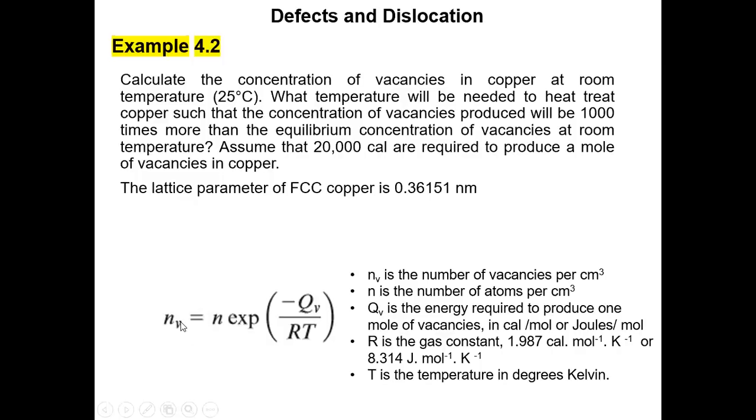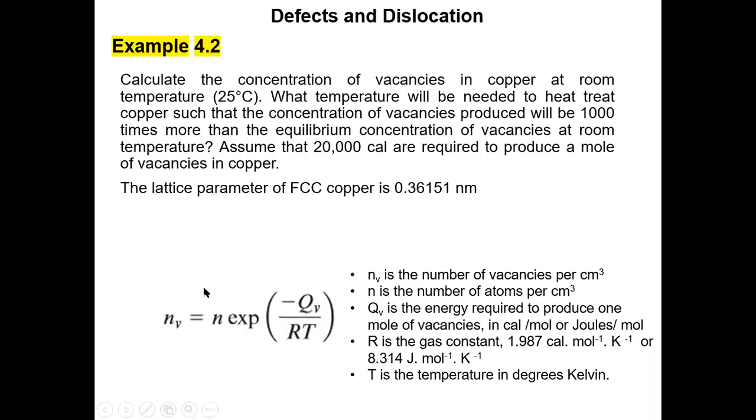NV means what? 1000 times the vacancies at room temperature. We already calculated the vacancies at room temperature. So we need the vacancies to be 1000 times the concentration of vacancies at room temperature. So this is 1000 into the vacancies at room temperature.